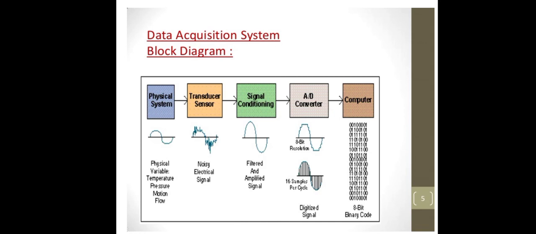Then the next block is the analog to digital converter, which means the input signal is analog and it is converted into digital signals by using the digital code, that is the sample code. This sample code is a digitized signal made of 0 and 1.